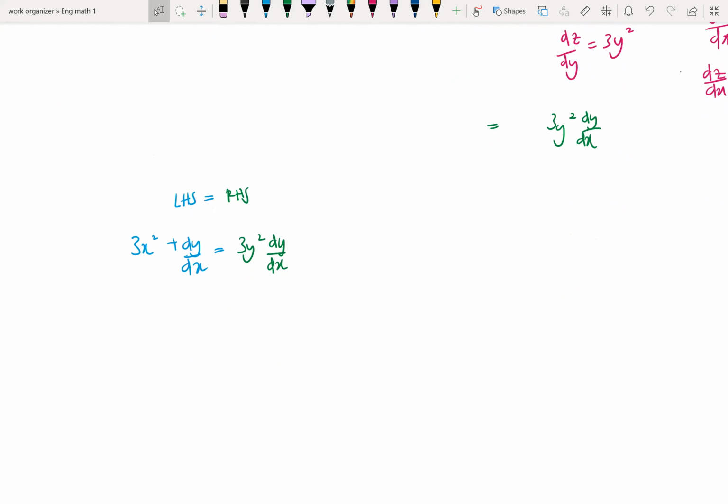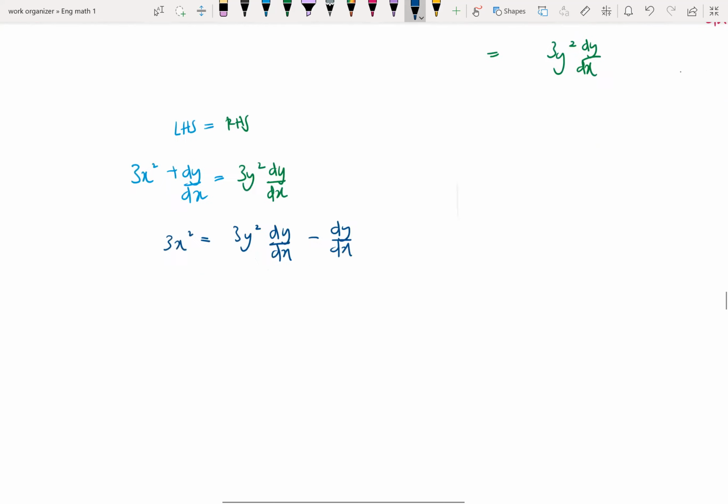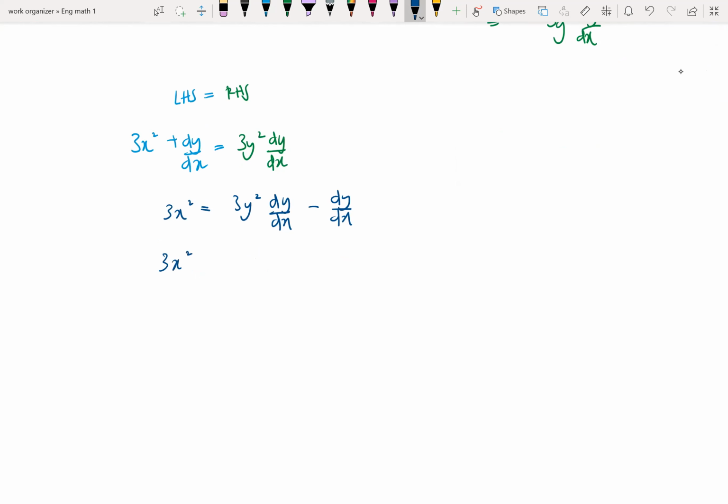Now we are going to find dy dx, so we group dy dx in one place. 3x squared equals dy over dx times 3y squared minus 1.